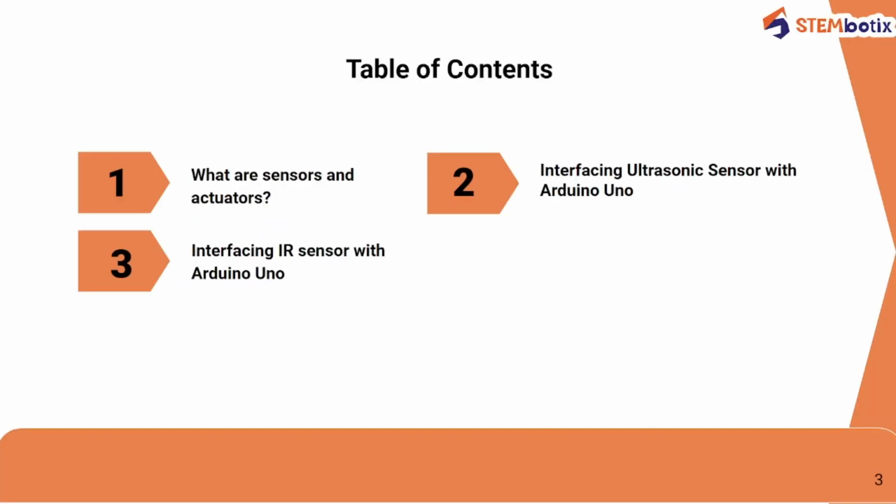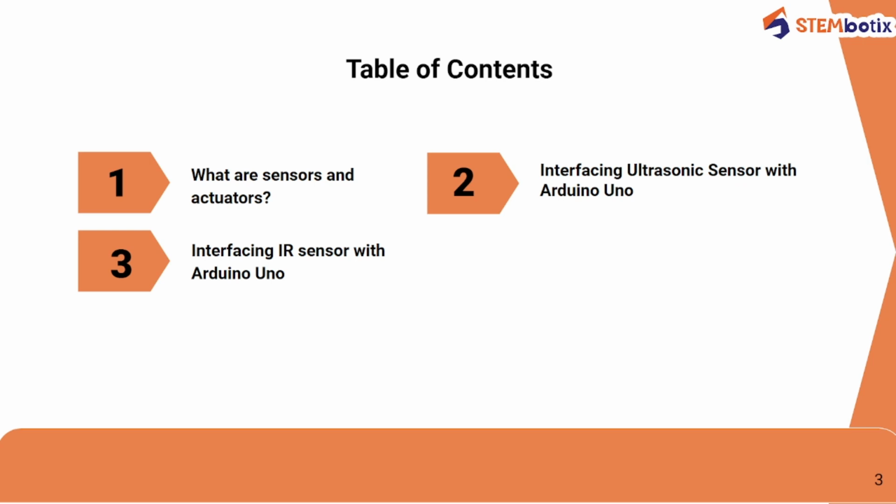The table of contents for this tutorial is divided into three parts. In the first, the introduction part, we are going to see the basics about sensors and actuators, that is, what sensors and actuators are. In the second part, we are going to see the interface of an ultrasonic sensor with Arduino Uno.